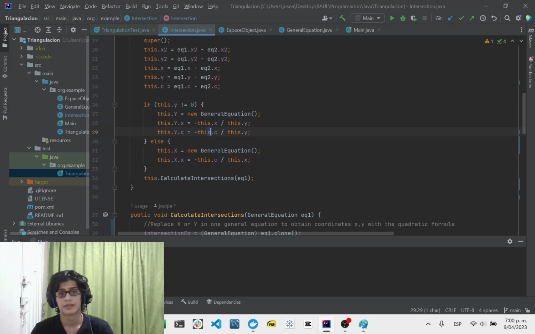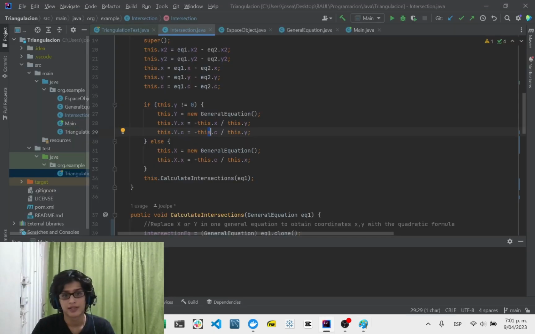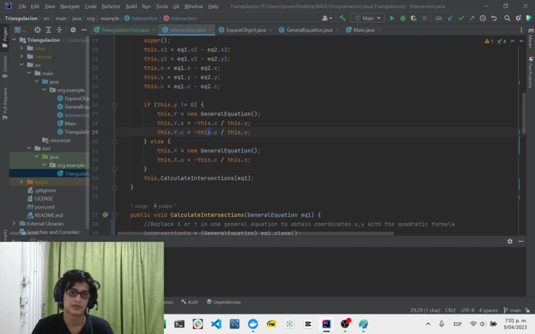If I don't have y, I only need to replace the x, that is, for example, for x, if I only have x plus h equals 0, or I have 4, I'm only going to do this, and that's what is here.